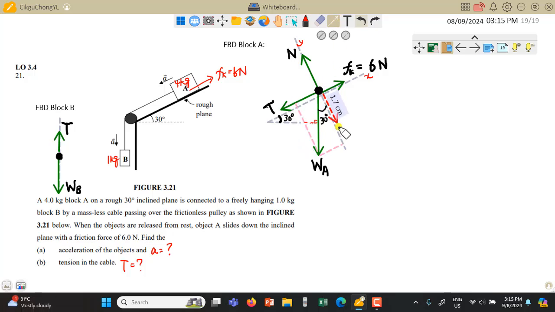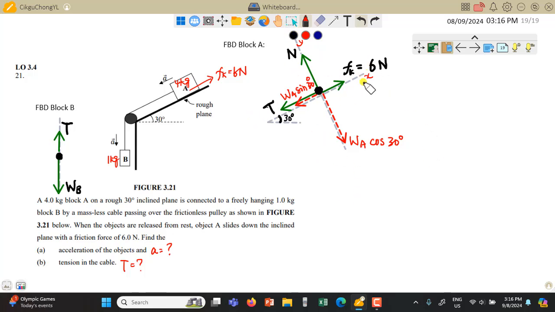So the y component will be WA cos 30, and the x component along the inclined plane will be WA sin 30.